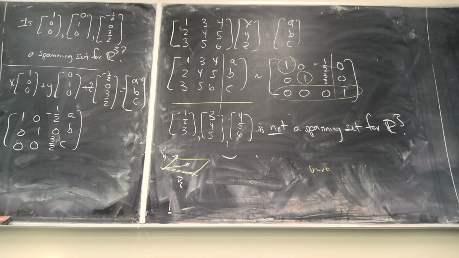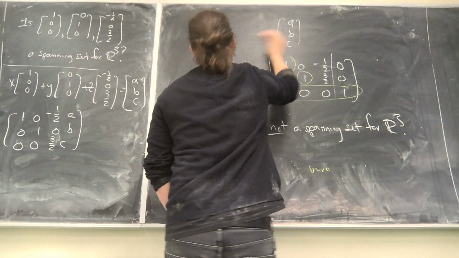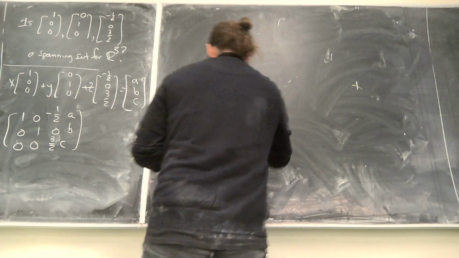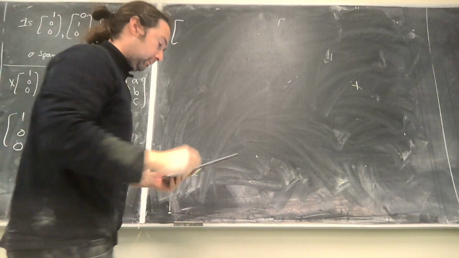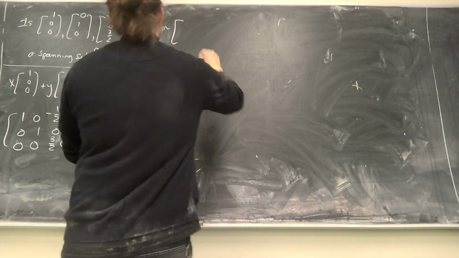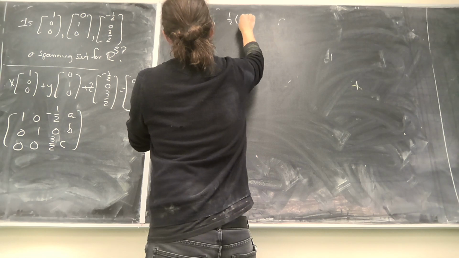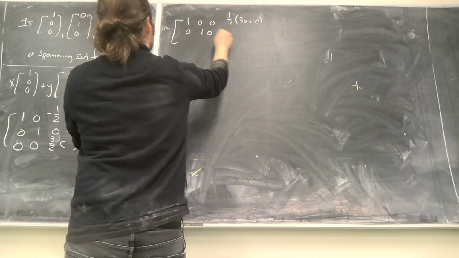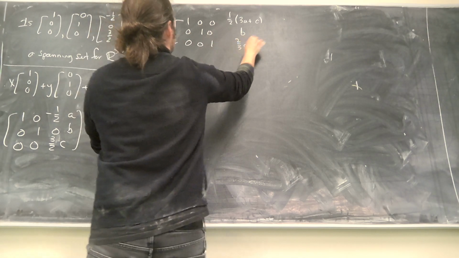First off, this is going to have a solution this time because you already know there's 3 pivots, right? If you row reduce this, what you end up with is, so this row reduces to (1, 0, 0 | 1/2 of 3a plus c), (0, 1, 0 | b), (0, 0, 1 | 2/3 of c).